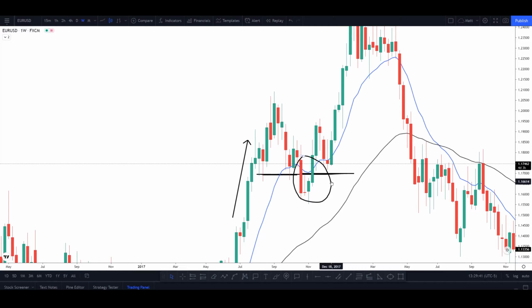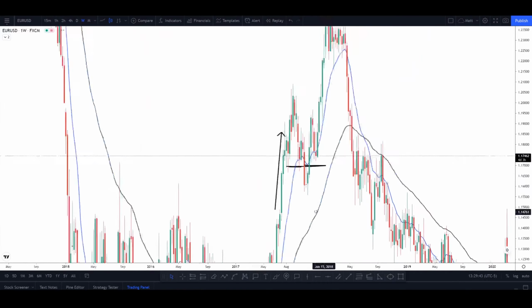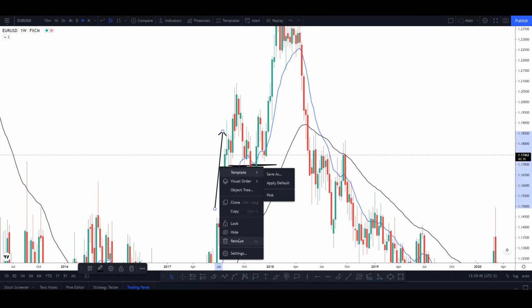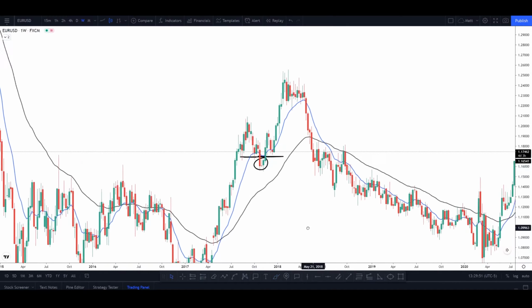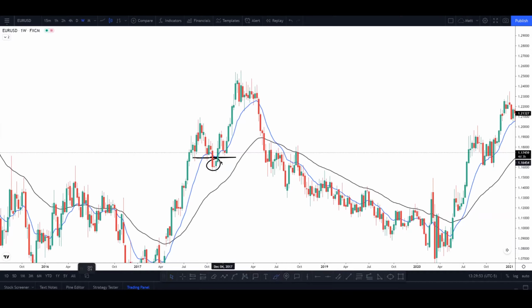Okay, so if I were to zoom out again, because we're looking at this price region, if I include this price point and then scroll to the right, you could see that this lines up pretty well with other price action that also rejected this general region.